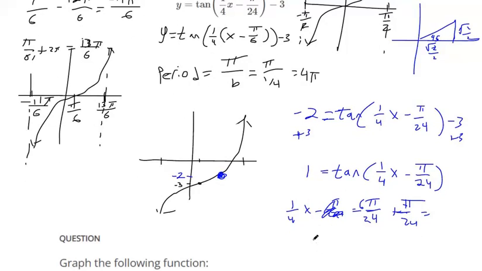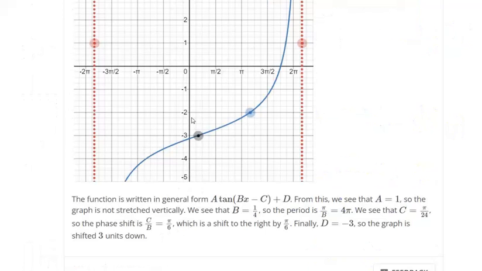So we got 1/4 x equals 7 pi over 24. So to finish getting x by itself, I'd multiply 4 to both sides. So I get x is 7 pi over 6, right? Let's check. I think I got the correct answer here too. Yeah, y equals -2, x equals 7 pi over 6. It's a little bit bigger than 1 pi, so that's where the blue dot goes.